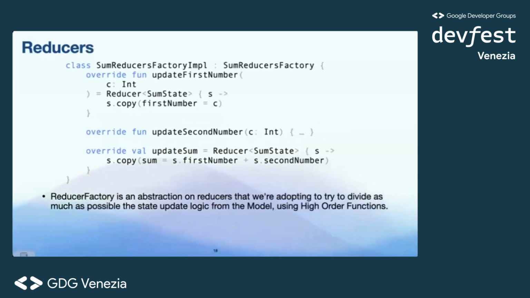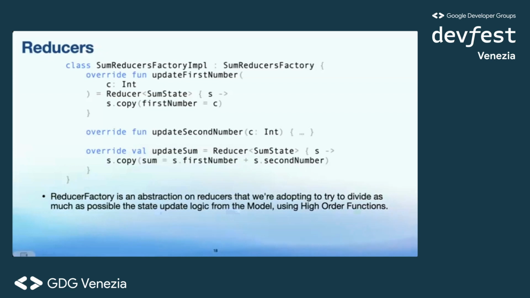Here is the actual implementation of our reducer factory. For example, for update first number, we take an input and we declare the reducer based on SumState, which gives us the current state, which is S. And on S, on the current state, we call the function copy, so that we can assign the input to the first number, for example.